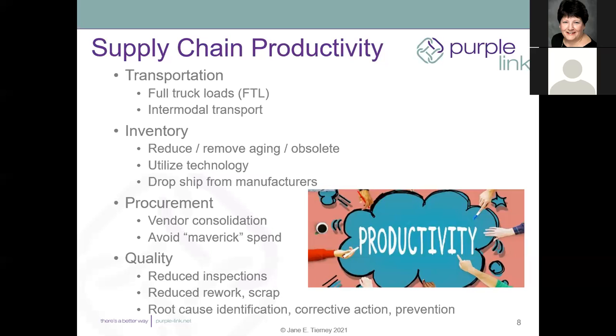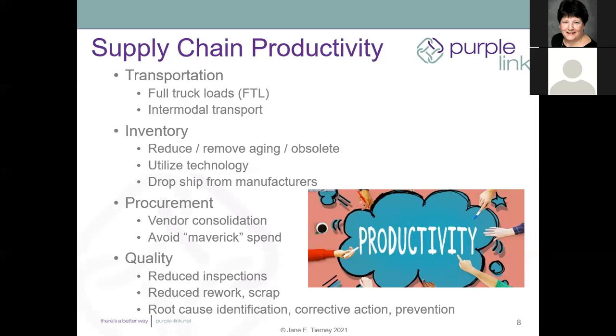Now, if you have the ability to have your supplier do the packaging and ship directly from the manufacturer, your supplier, to your customer, that can reduce a lot of cost, and that can improve the productivity.